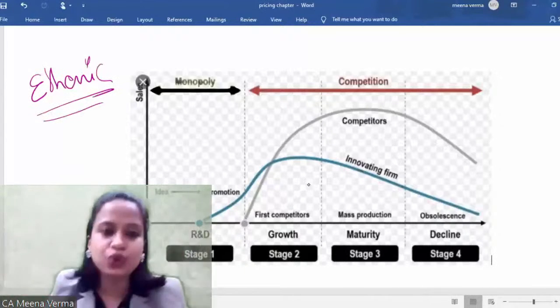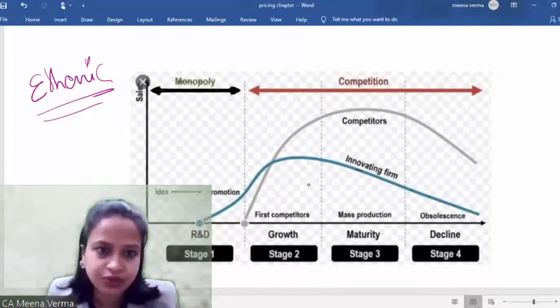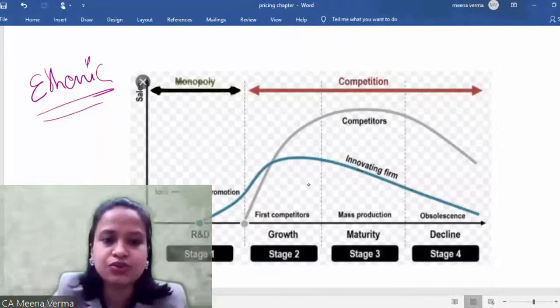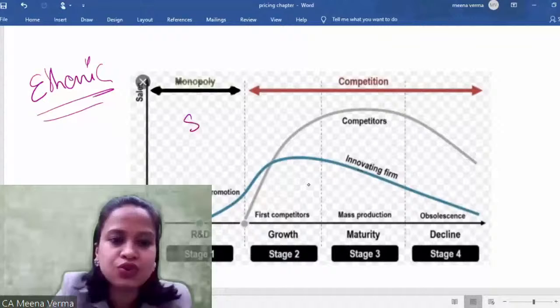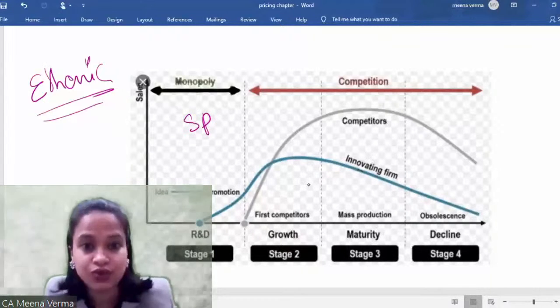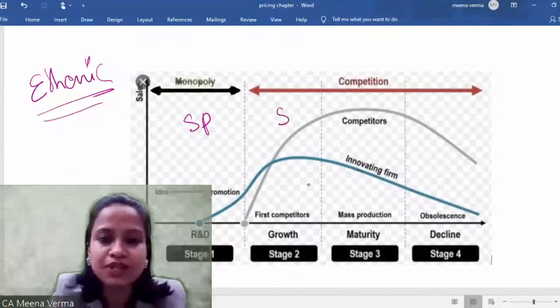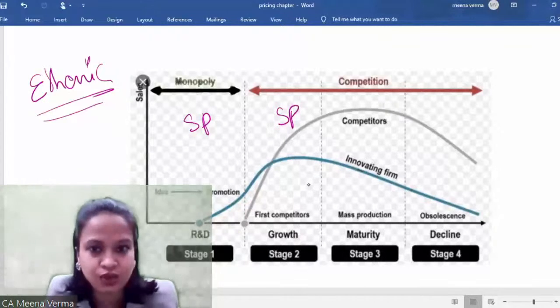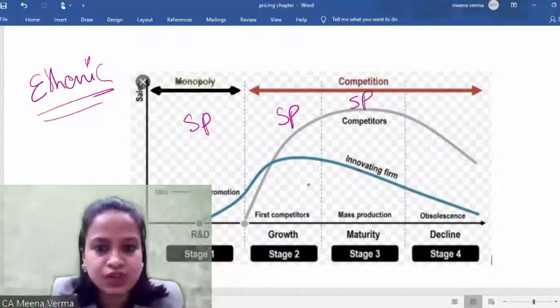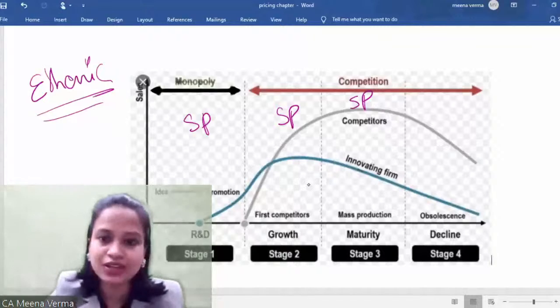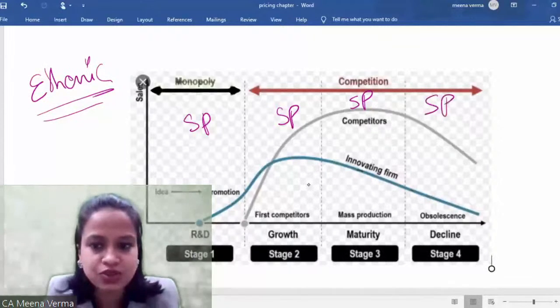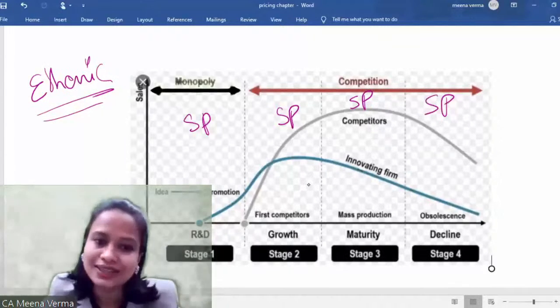Ethnic is an innovative, revolutionary product they have introduced in the market, but they are asking what selling price you will consider for this product in the introduction stage, in the growth stage, in the maturity stage, and in the decline stage.